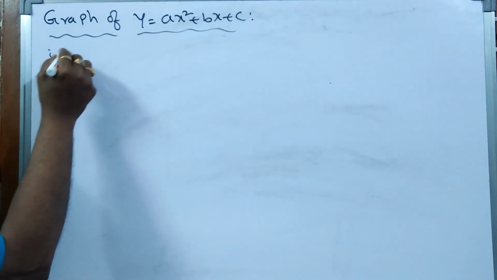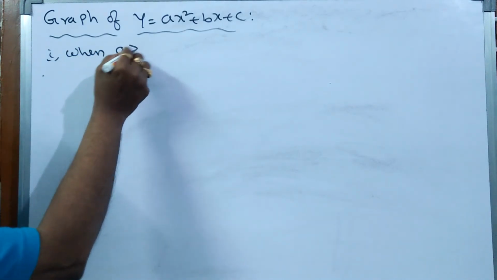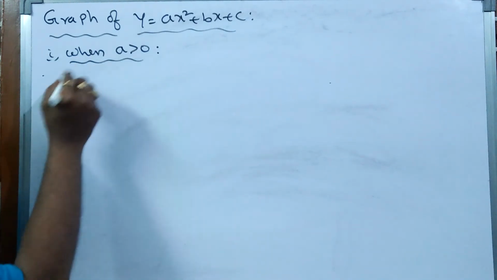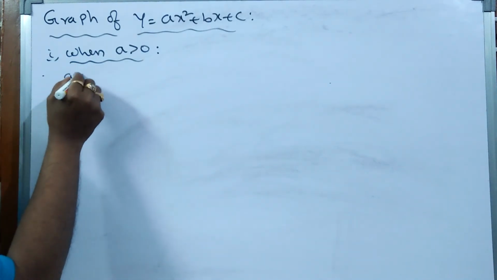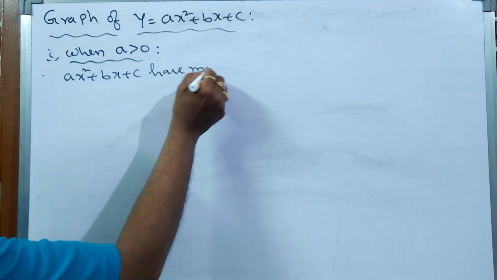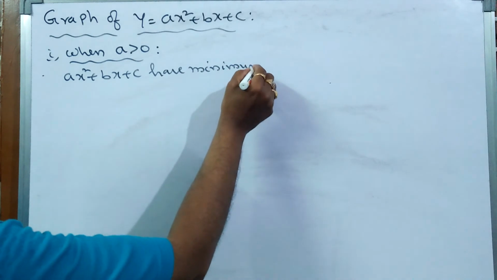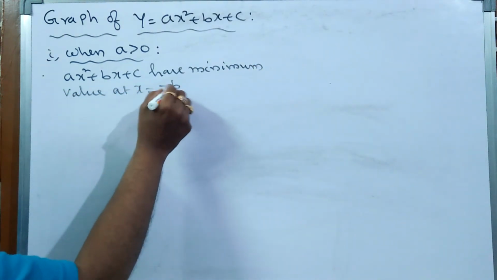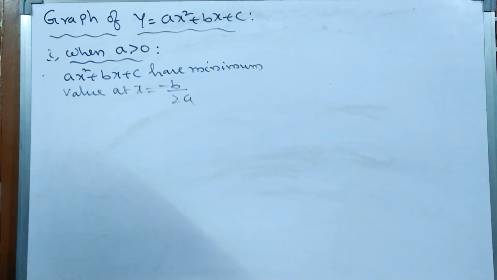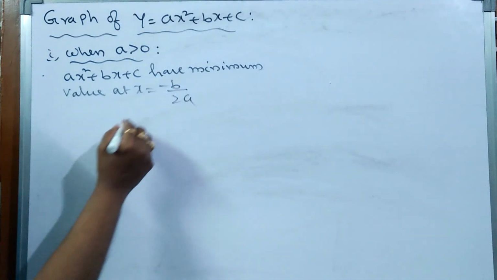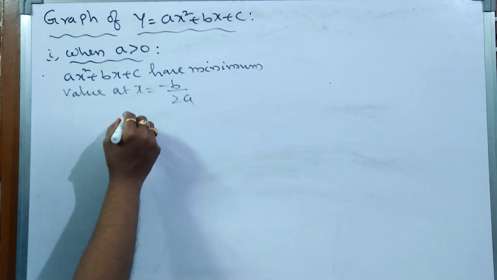So two cases. When a is greater than 0, we already know that ax square plus bx plus c has minimum value at x is equal to minus b by 2a. Already we have learned in the concept itself. So the graph of this parabola will be like this, whenever it is having the minimum value.